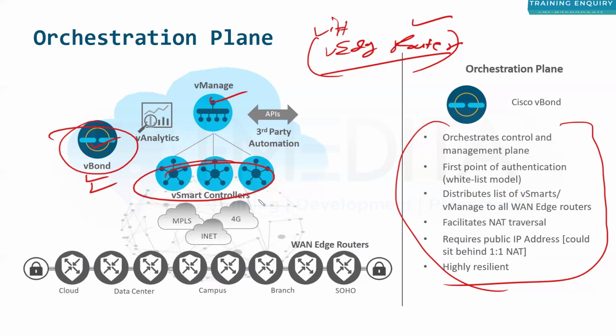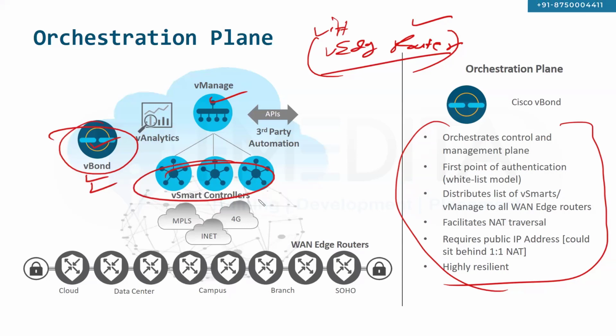Ideally we say that vBond will provide the controller list to the WAN edge routers. But in some cases, it can also provide the information of WAN edge routers to the controllers as well.